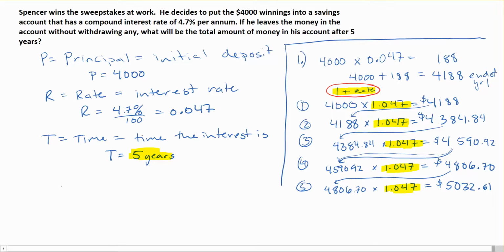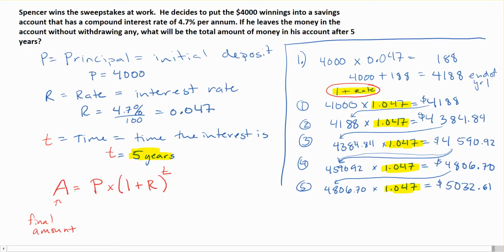So our formula, if you want to think about A being the final amount, is going to be equal to the principal times 1 plus the rate to the power of t, the number of years. T is usually lowercase in the formula. But t is the time.